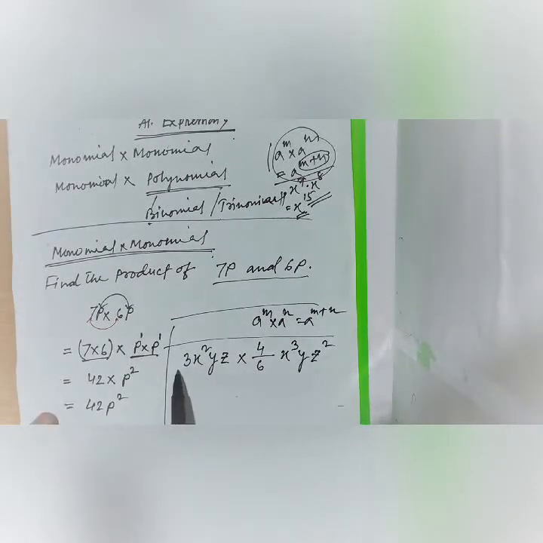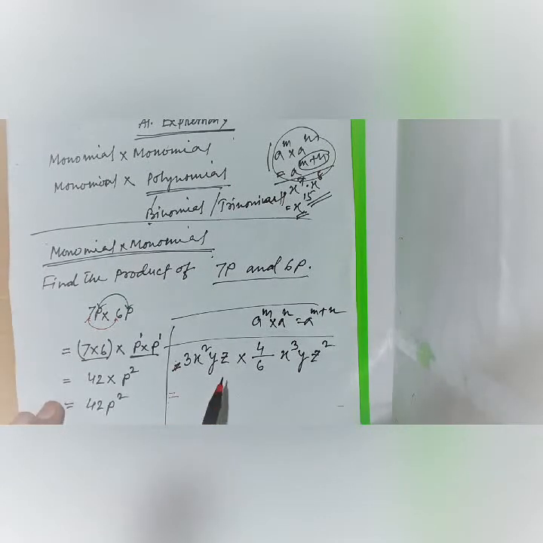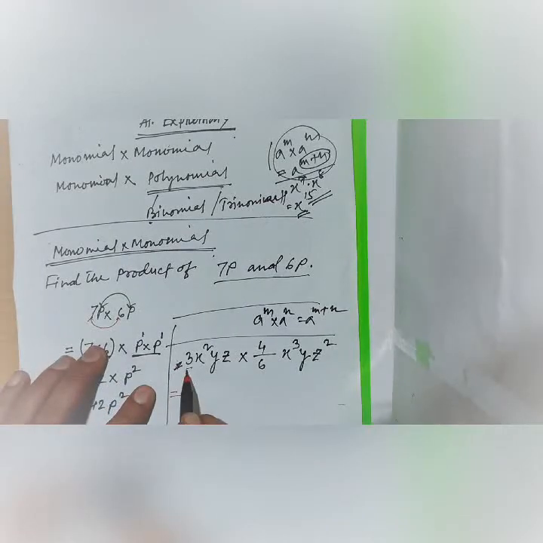Now let us multiply 3x square yz into 4 by 6 x cube z square. How do you multiply this? First we multiply the two numerical coefficients, 3 into 4 by 6.